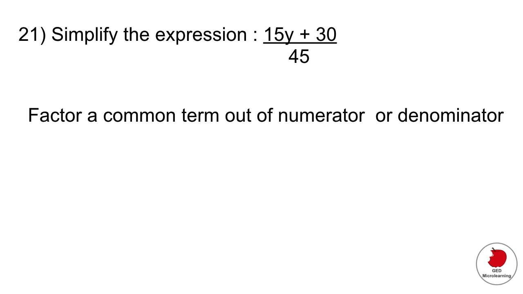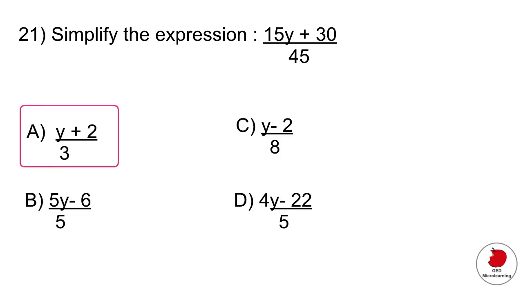So if we extract that 15 from the top, then now we can simplify this equation, right? So 15 would cancel in the top, and in the bottom it would be 3, okay, because 15 times 3 is 45. All right, so the expression is reduced to that, which is expression A.